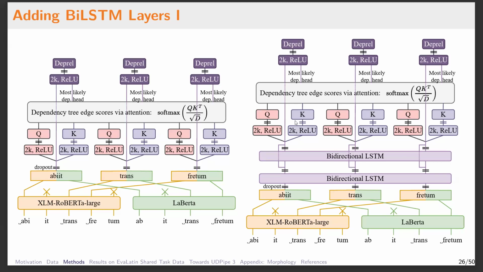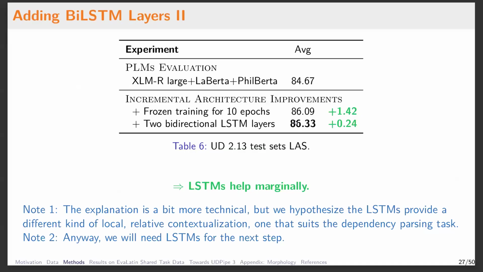And on the right-hand side, we added two bidirectional LSTMs on top of the contextualized embeddings. This might seem like we are going back in time in history, like why would anyone do that? Because Hochreiter and Schmidhuber have already done that. All right, so yeah, it does help a little bit.